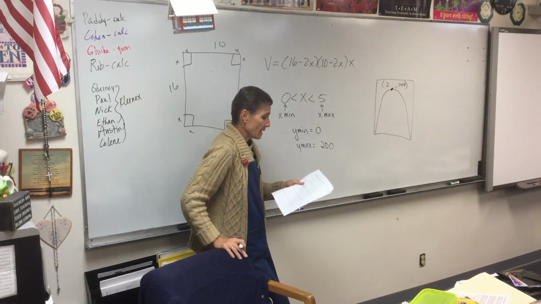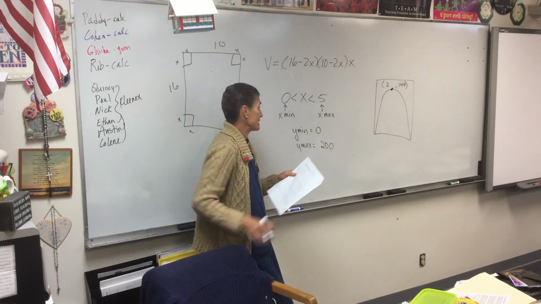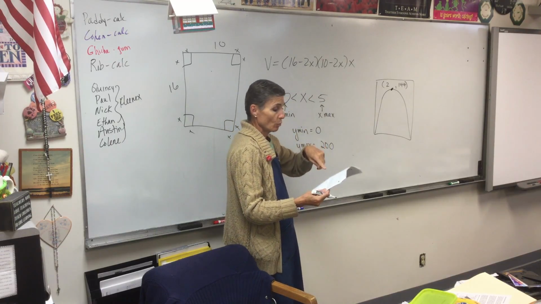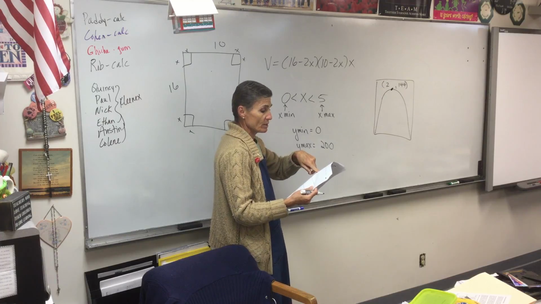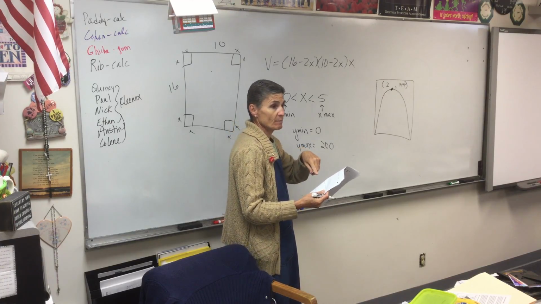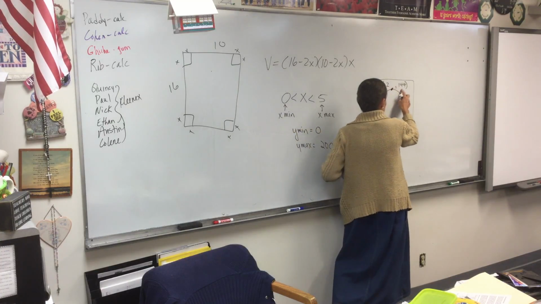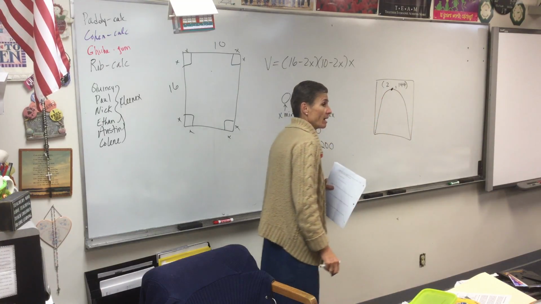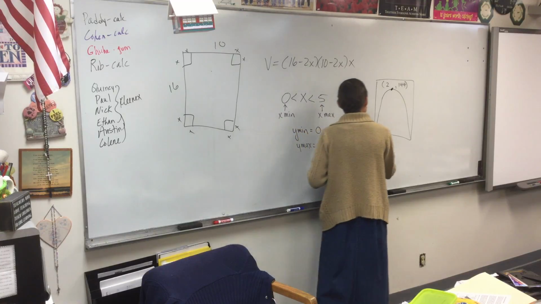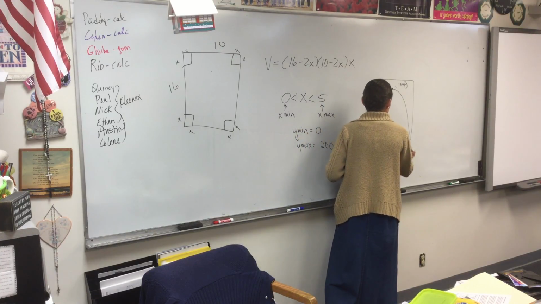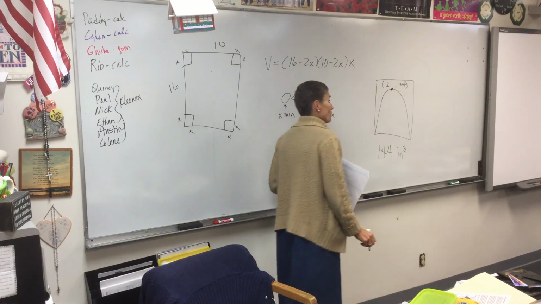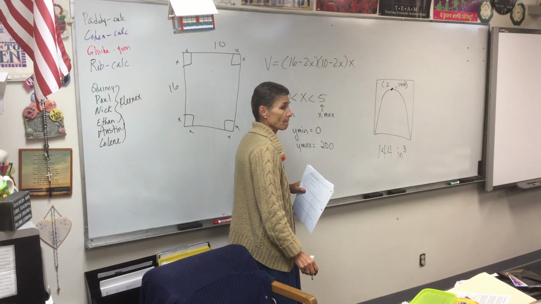So how do I answer problem C? All this stuff that I just did was to help me answer problem C, which is find the maximum volume of the box. Which of these two numbers is the maximum volume of the box? The Y. 144, the Y. So we're going to say 144 cubic inches.